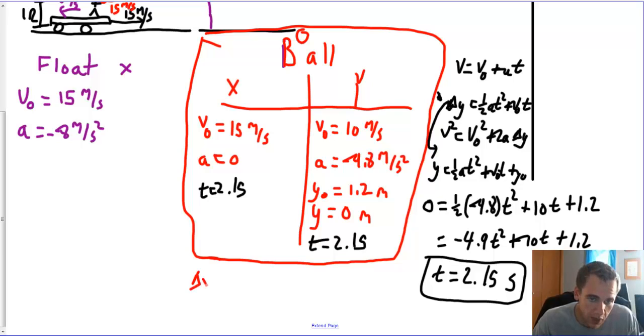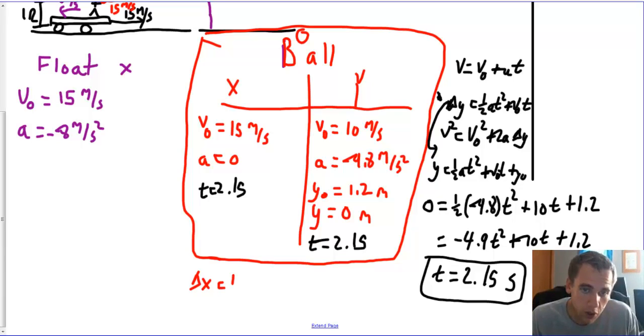So delta x, second equation, equals 1/2 at squared plus v naught t. Okay? And happily, the acceleration is 0, so this term drops out. And so I just am left with the change in position equals v naught, which is 15, times the time, which is 2.15.